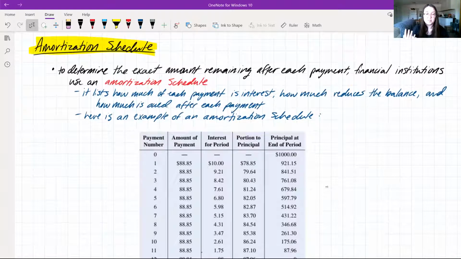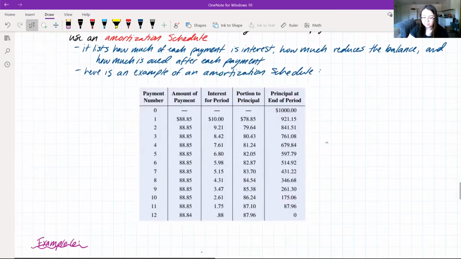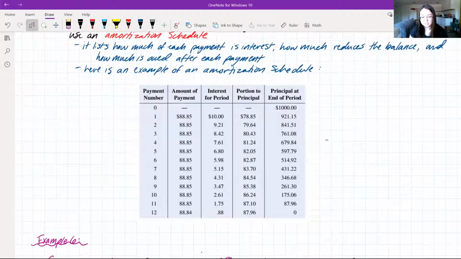So this helps us create an amortization schedule. To determine the exact amount remaining after each payment, financial institutions use the amortization schedule. It lists how much of each payment is interest, how much reduces the balance, and how much is owed after each payment. So included here, we have an example of an amortization schedule.